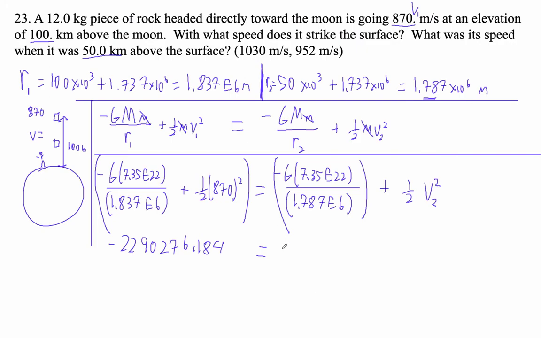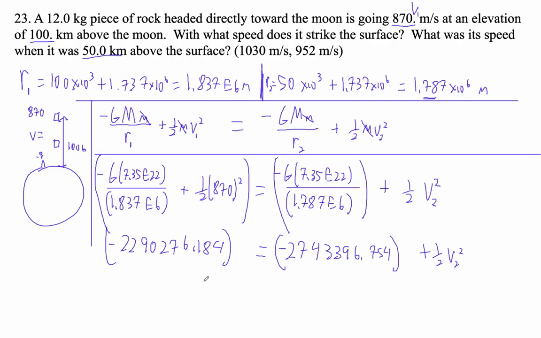So this guy is negative 2743396.754, plus 1/2 v2 squared. So what I'm going to do is take this guy minus a negative this guy. So the first guy minus the second guy.